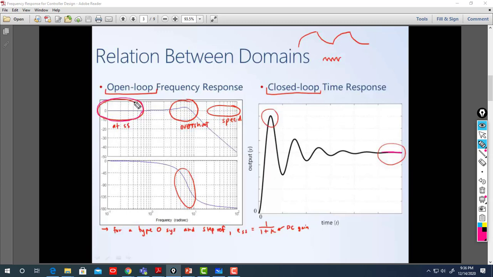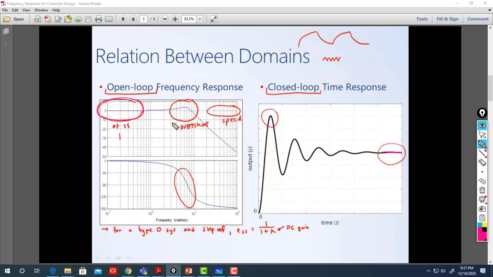So to know which type of controller you need to implement, it's important to link the frequency response behavior, the open loop frequency response, to the closed loop time response. We design in open loop, as we saw a while ago. So that's the first thing you can draw: low frequency gain reflects the steady state of the system.